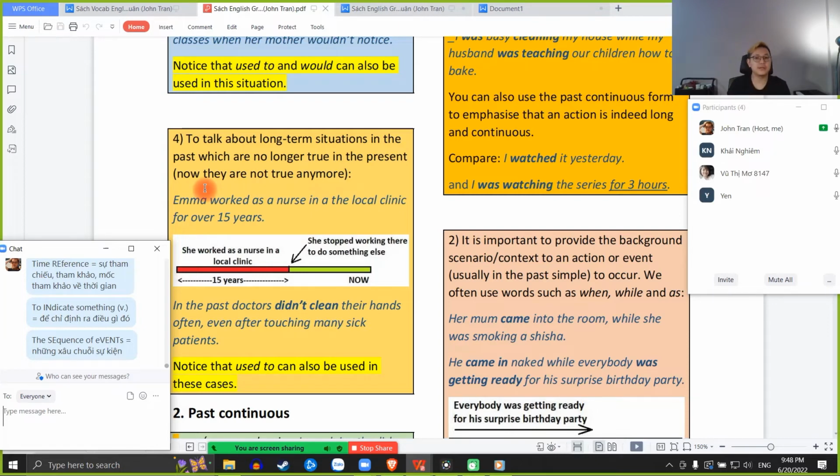Notice that used to can also be used in these cases.